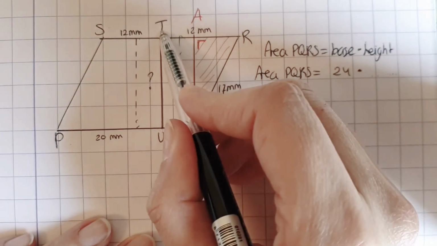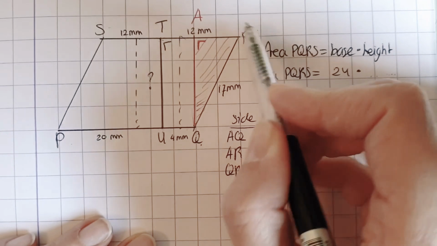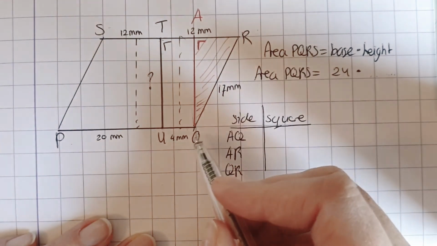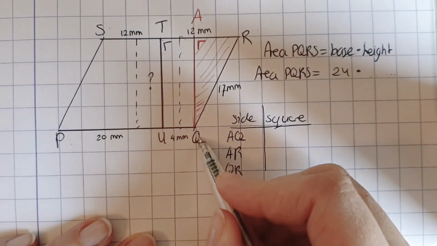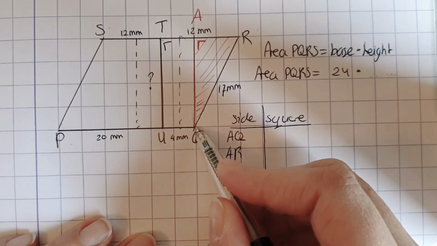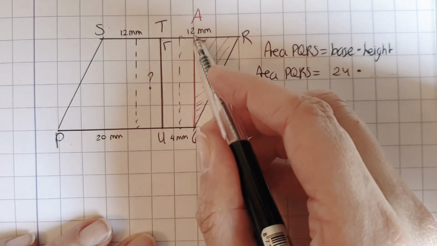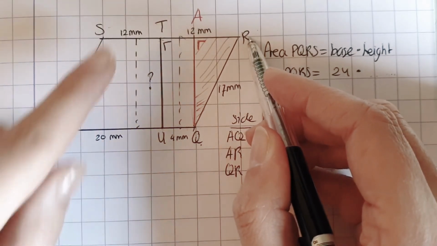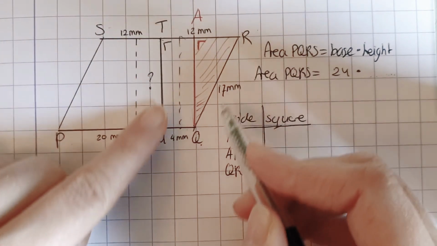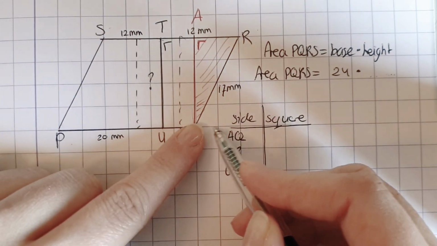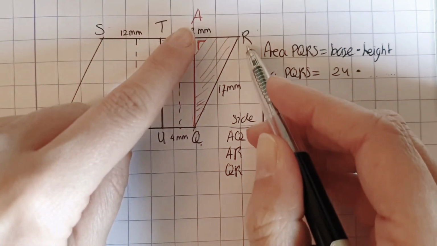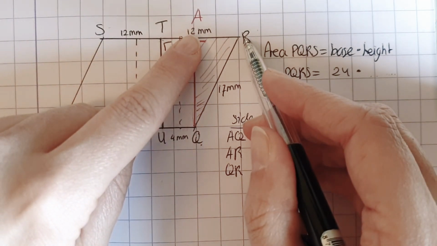I know the whole length from T to R is 12. And I know from U to Q it's 4. So what do you think is the leftover for AR? If this whole part is 12, this little part is 4, what's the leftover for AR, this little part?